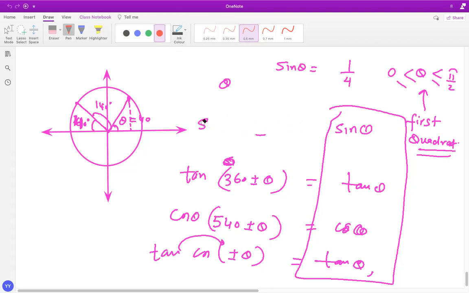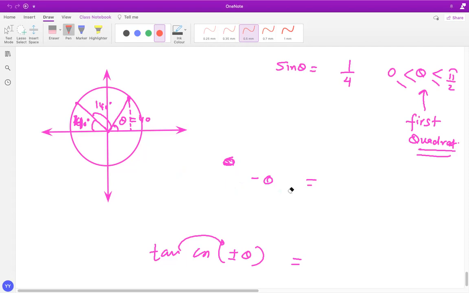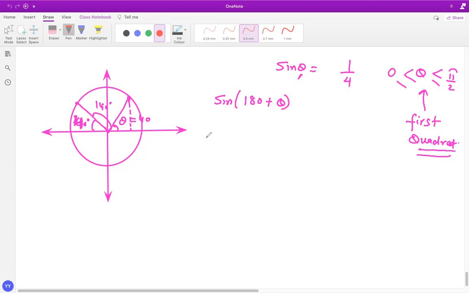So let's say this is the angle theta, and now I want to find out sine of 180 plus theta, or cos of 180 minus theta, or tan of 180 plus theta, or cos of 360 minus theta, and so on.